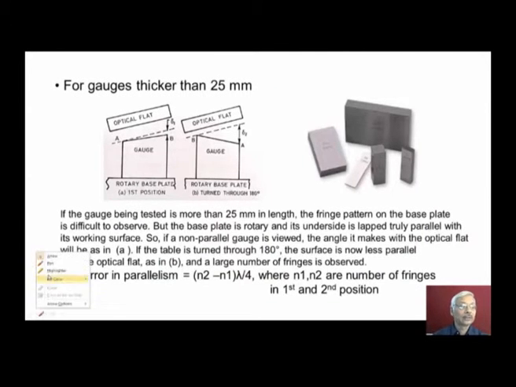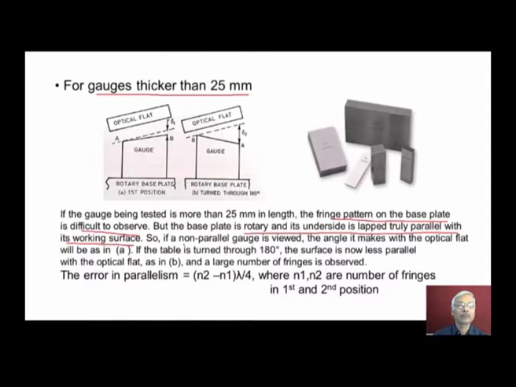Now, if the gauges or workpieces are thicker than 25 millimeter, you can observe here we have placed a gauge which is thicker than 25 millimeter. This is the rotary base plate on which we have placed a thicker gauge plate. Then the fringe pattern on the base plate is difficult to observe because of this large distance. But the base plate is rotary and its underside is lapped truly parallel with its working surface.